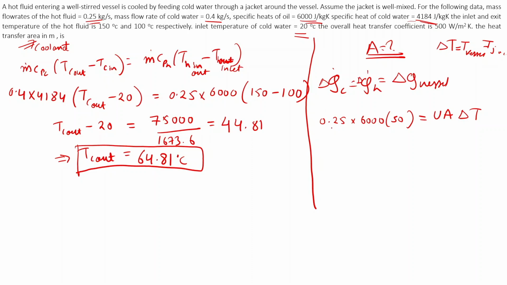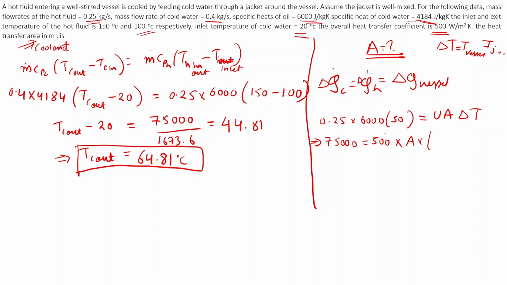That implies this LHS will be equal to 75,000. The overall heat transfer coefficient has been given as 500 watt per meter square Kelvin, into area into delta T. We have to find the temperature of vessel. So this temperature of vessel, I think it is given to us as the outlet of hot fluid.